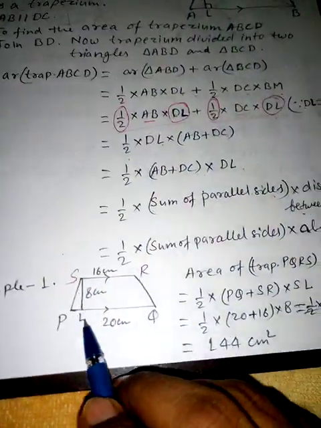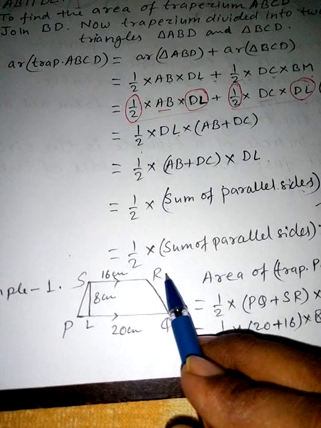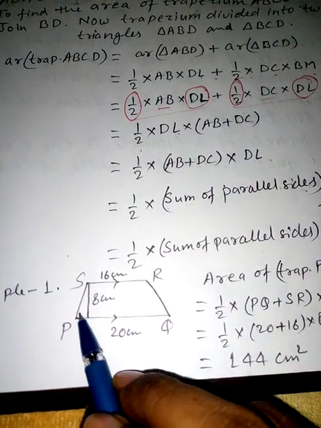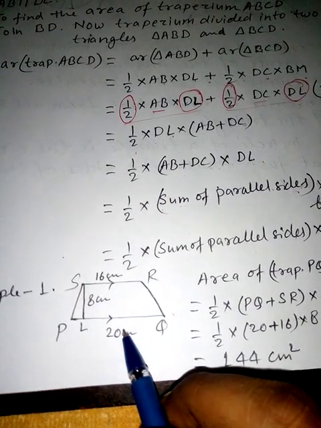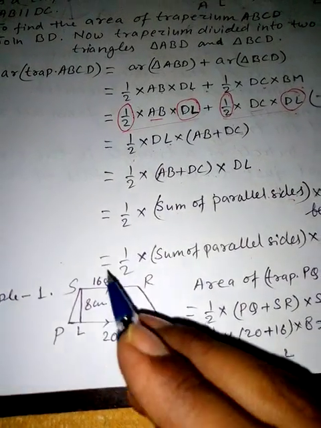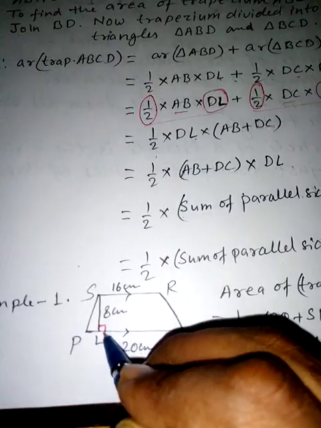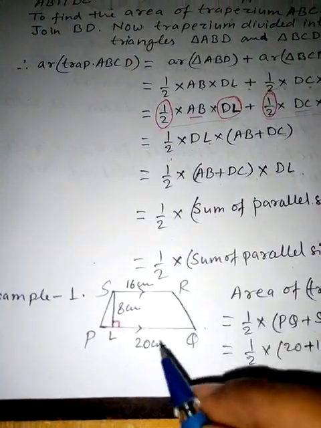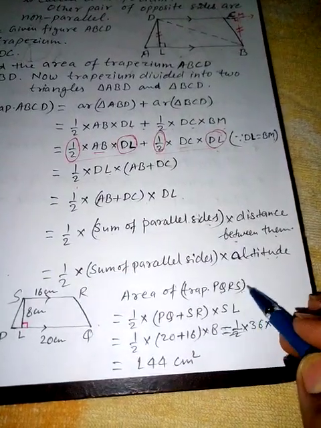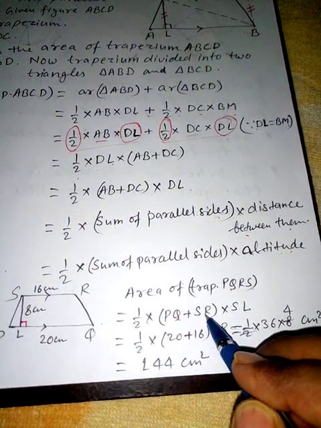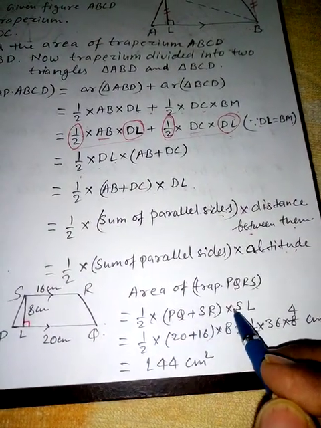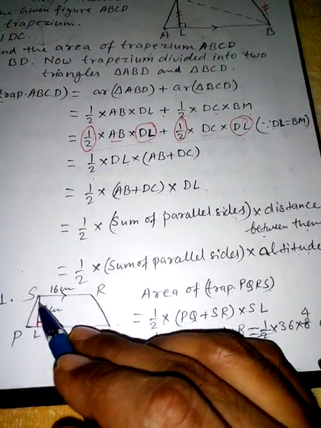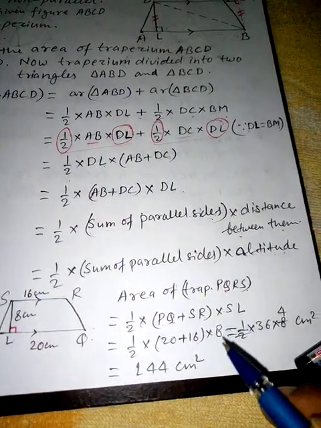Now for example, here you can see PQRS is a trapezium in which PQ and SR are parallel to each other and SL is the perpendicular altitude of this trapezium. So area of trapezium PQRS we can write as 1 by 2 into the sum of parallel sides, PQ plus SR, into the distance between them or altitude, SL, which is 8 centimeter.